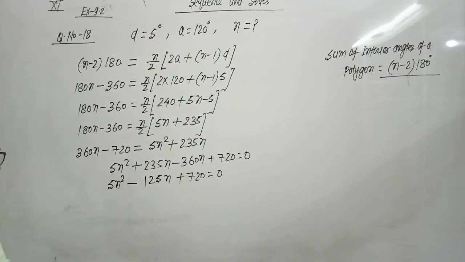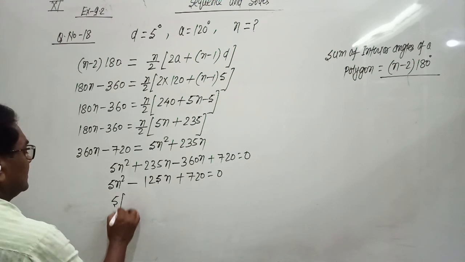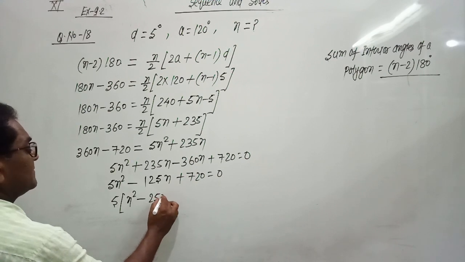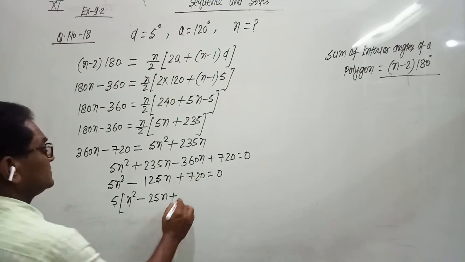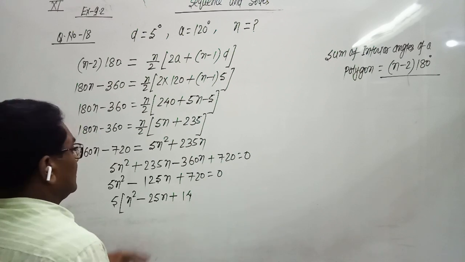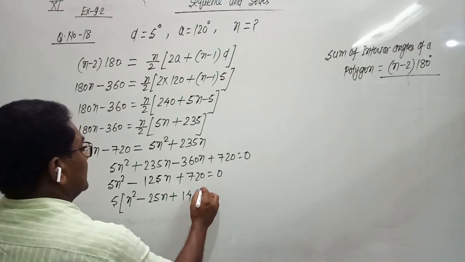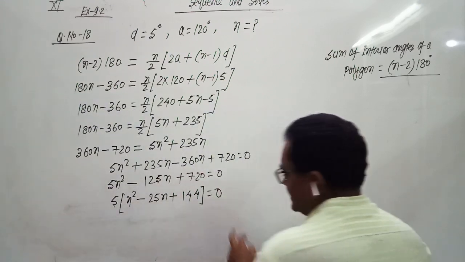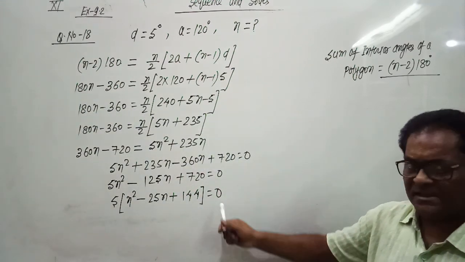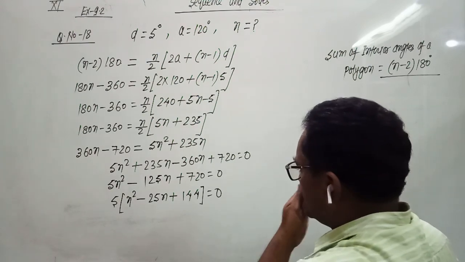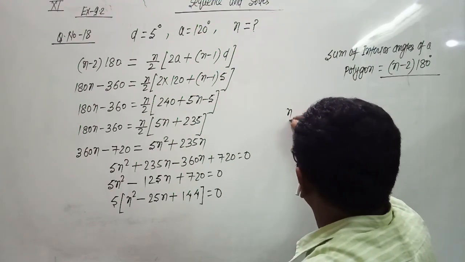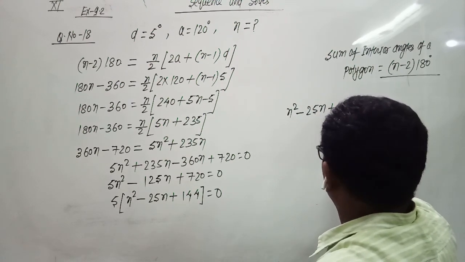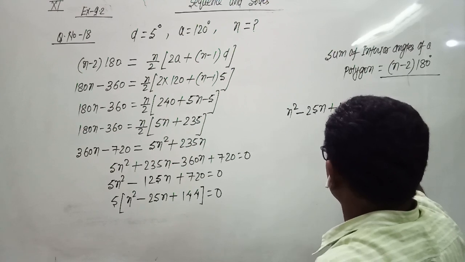From the whole expression, 5 is taken common. So n square minus 25n plus 144 equals 0. This 5 will go to the denominator on the right side, and 0 remains 0. Now n square minus 25n plus 144 equals 0.